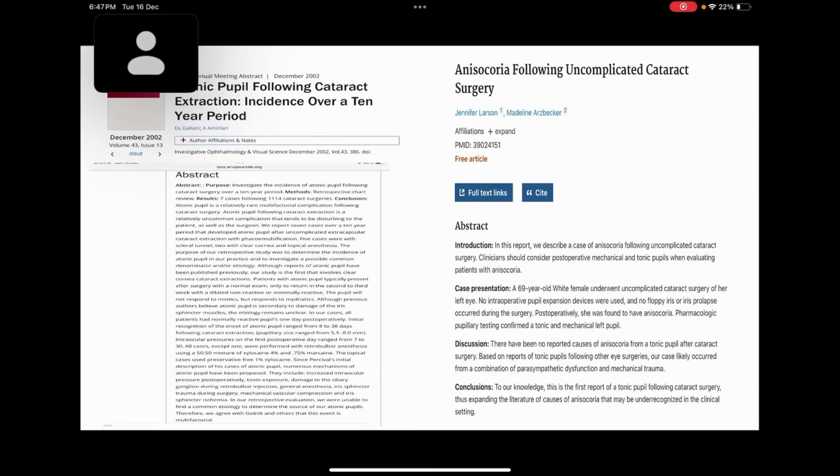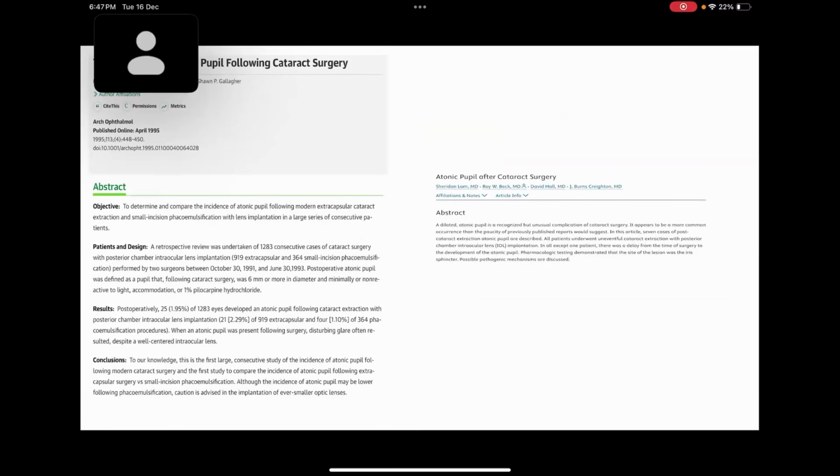Most of the time, within the first month of surgery, they presented with intolerance to light. Again, this was thought to be parasympathetic dysfunction happening during cataract surgery. This is one thing I wanted to highlight.